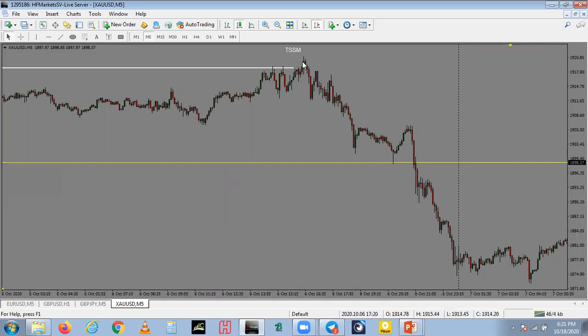Okay, let's use this one. Now you can see that price is falling, which means it is dropping in value, which also means it is selling. So now you expect price to sell, or to fall, or to drop. Now you place your sell stop.